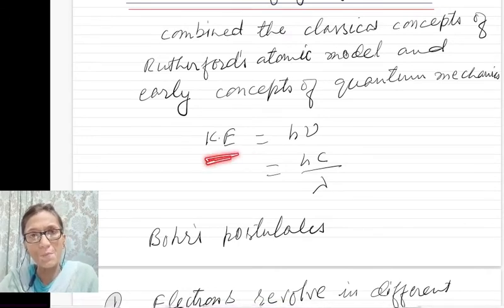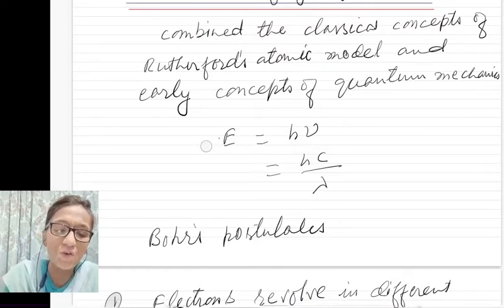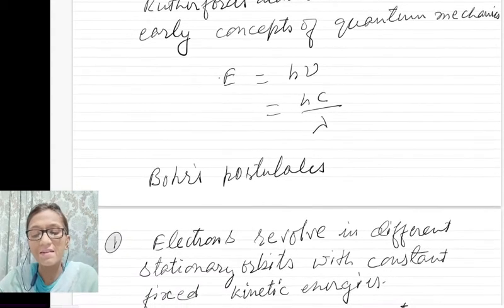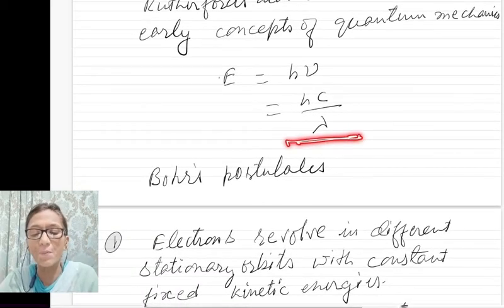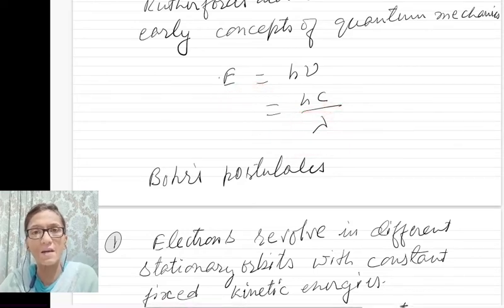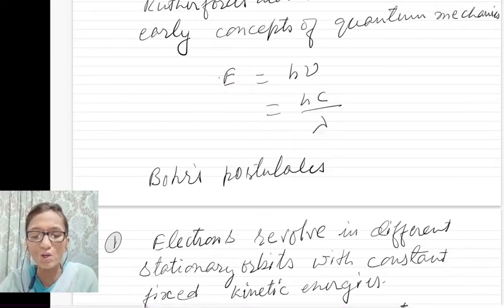At that time people knew that energy associated with one photon is equal to h nu, and this is equal to hc upon lambda. Energy is inversely related to lambda. So if you have discrete wavelengths in a spectral series, you should have discrete energies also.